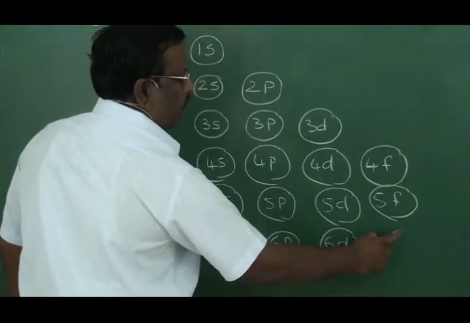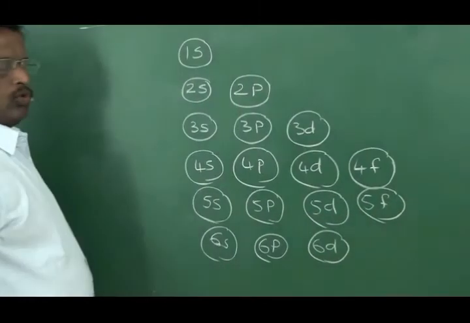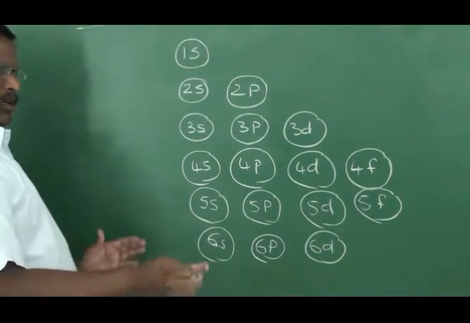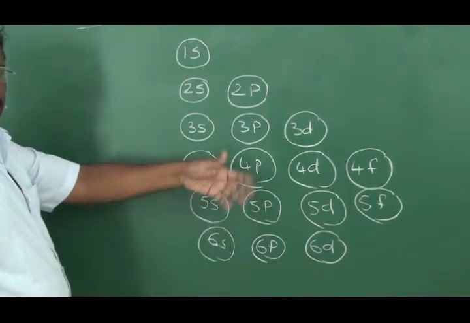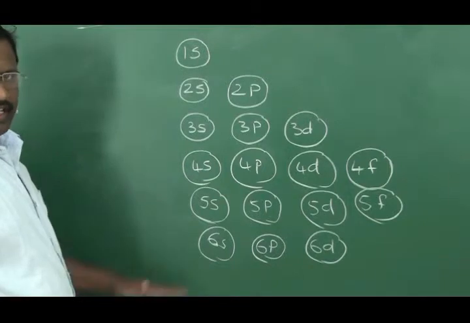Though there is a 6f and 6g also, I am not mentioning them because so far, whatever elements were discovered, they were not required for filling. That's why I am not writing.